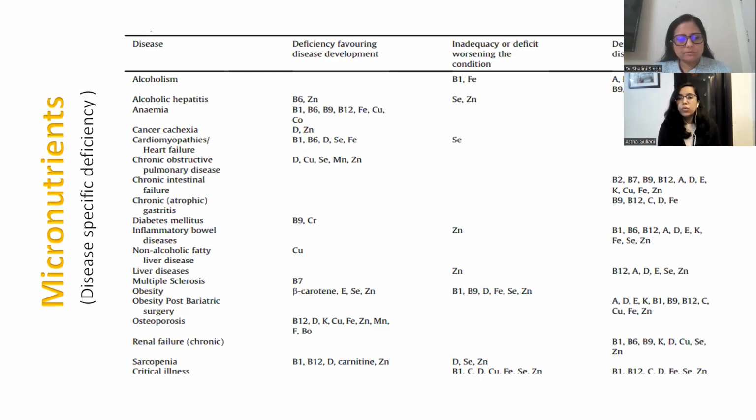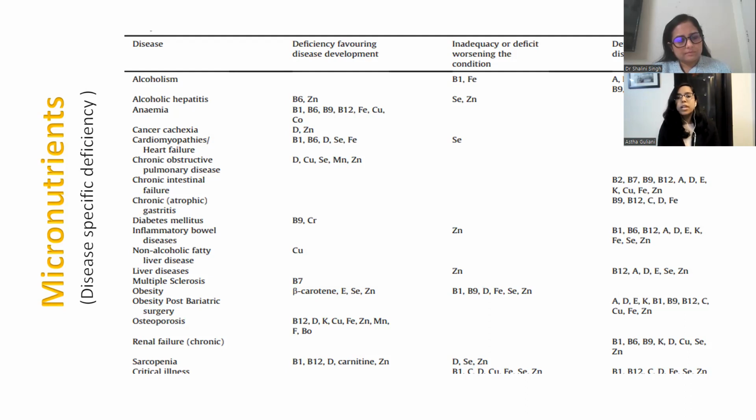Now, different micronutrients and how they are associated with various diseases. Alcoholism, as we know, can result in thiamine deficiency and it can also result in zinc deficiency. Alcoholic hepatitis is something that can get worsened because of zinc deficiency and can also result in further zinc deficiency. Cardiomyopathies can develop as a result of thiamine deficiency.